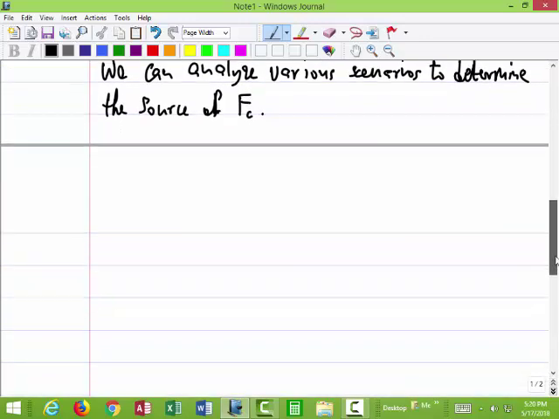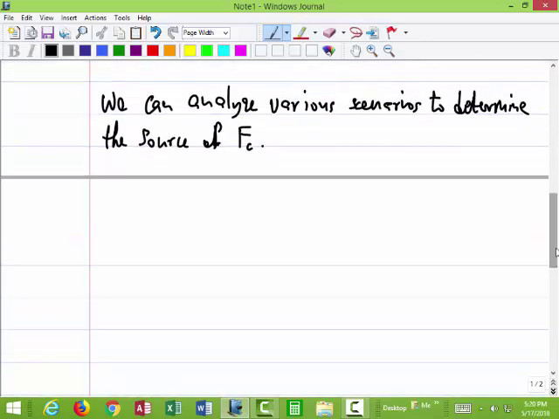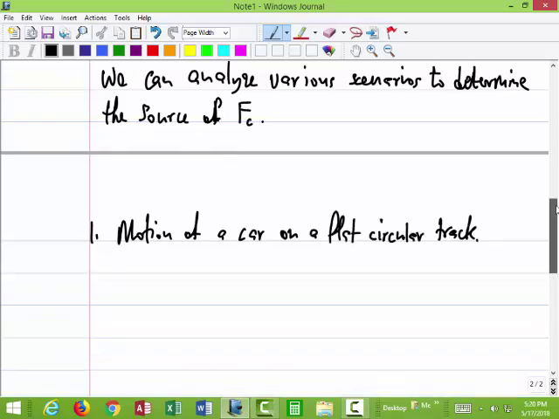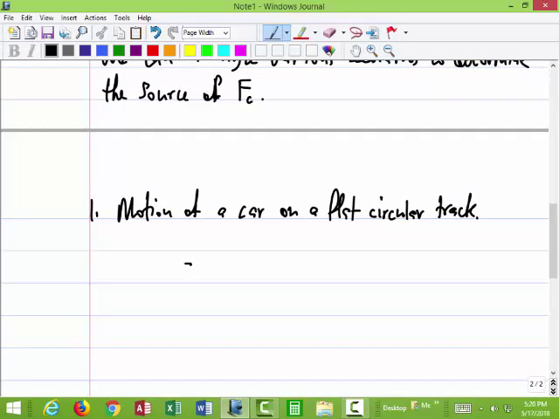Let's start off by looking at the motion of a vehicle on a flat circular path. Scenario number 1, motion of a car on a flat circular track. Let's draw the scenario. We have a circular track that looks like that, and we can draw a car with wheels.